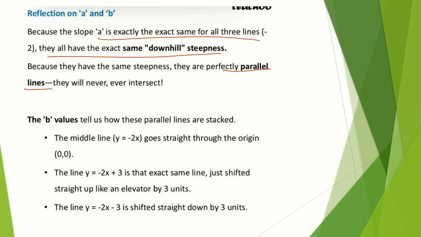b, as we told, b 0 intersects the origin. +3 means it is elevated 3 units above the origin. If -3, it's shifted down, that is below the origin only. Below the origin it intersects. Got the idea? Okay.